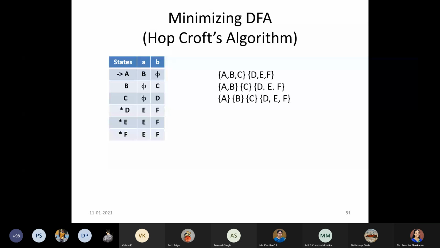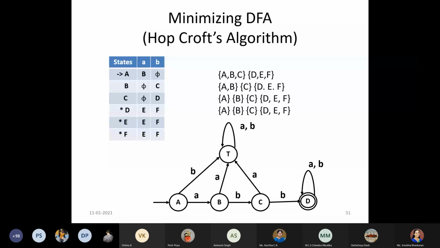Then when you compare C, which is the other state, A and B will be split from C. D, E, F will go together. In the other iteration also you will end up having the same thing. D, E, F will go together. I just drew it with a trap state.